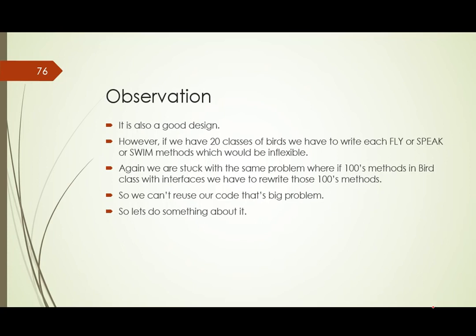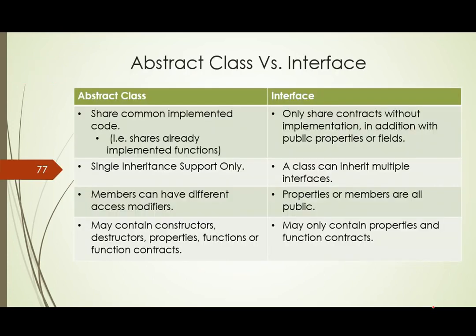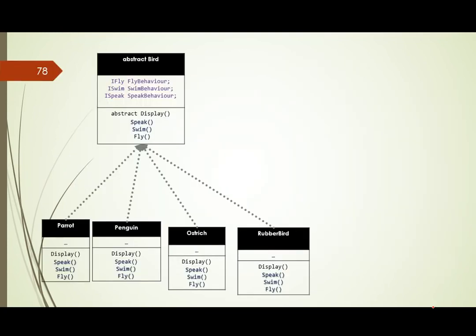We have to write the 100 methods again. So we really want to reuse our code, and we can't do it here, so it's a big problem. So let's really do something about it. And if you remember from the abstract class versus interface discussion, the solution exists. The solution can be found by analyzing the problem or doing it somehow differently.